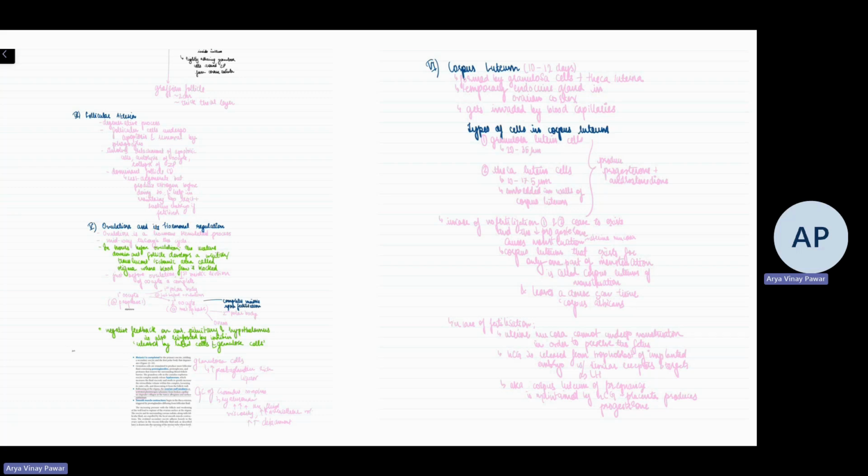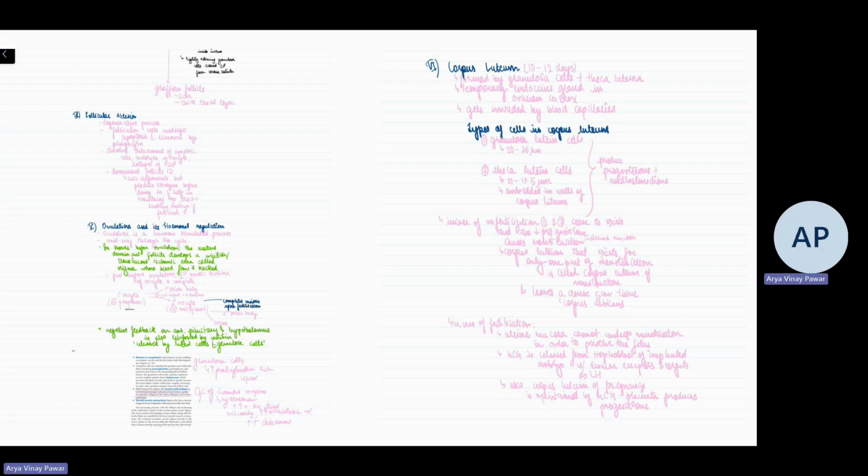The primary oocyte is arrested at prophase one, and once it completes its meiosis one, it forms a first polar body which degenerates, and it forms a secondary oocyte.